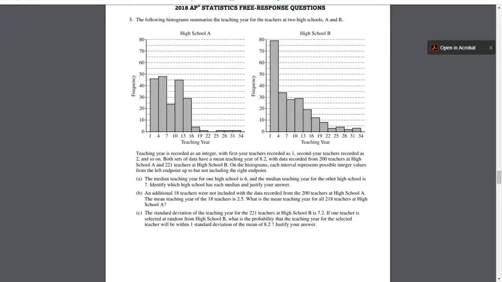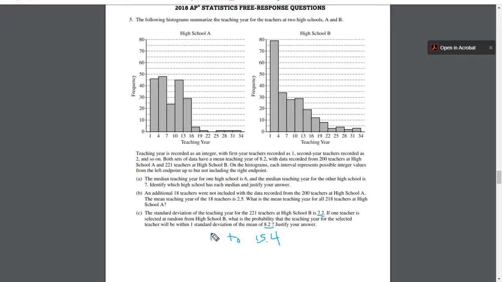So the way we want to think about this, what teaching years are within one standard deviation of 8.2? If we go down one standard deviation, we have 1 year. If we go up one standard deviation, we have 15.4.